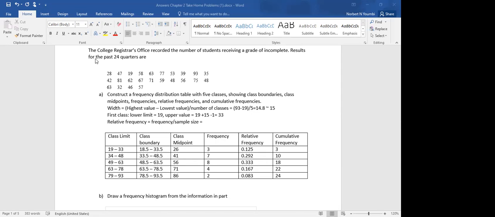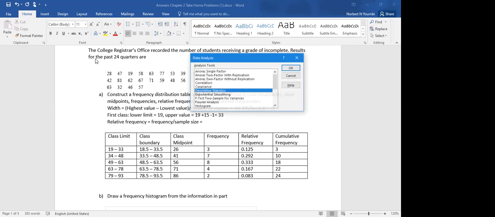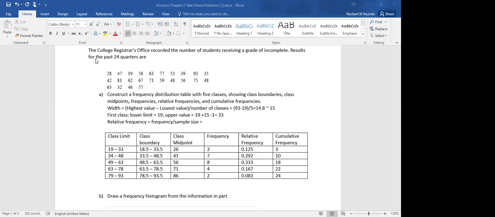So now we go to data analysis and we will try to construct a histogram. Now the input range here, I know is A1 to A24. You can highlight it or you just list it.